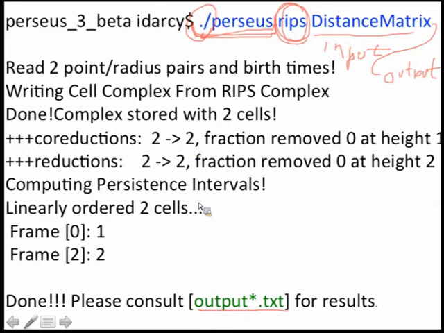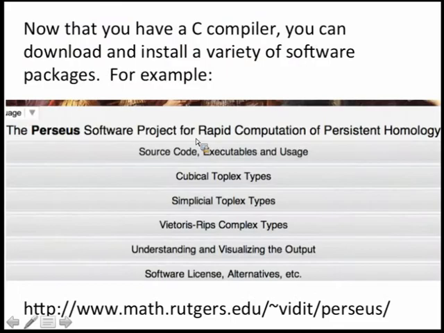So you can look a little bit more at Perseus at the Rutgers tilde-vidit/Perseus site. It explains things pretty well, a quick way to calculate persistent homology.